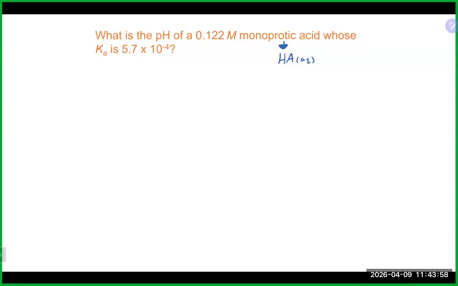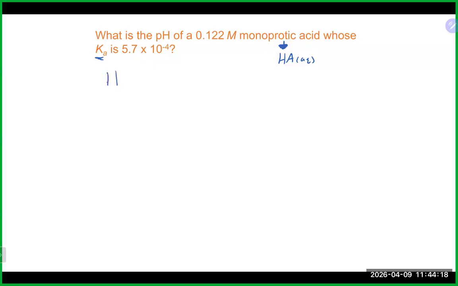Okay, so let's take a look, see how you're doing. So once again, when we look at a problem, we have some information given to us. Real big piece of information, obviously, is we have a Ka value associated with this acid. So that automatically tells us it's a weak acid, and that should automatically trigger an ICE table in your head as to the approach you should take here.